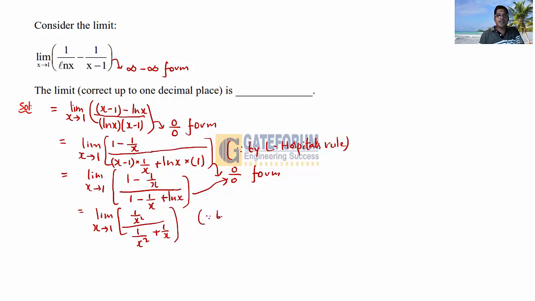Since by L'Hospital's, I am writing short form LHS. Now put direct substitution x equal to 1, numerator 1, denominator 1 plus 1, equal to 1 by 2, because of 1 decimal point, this is 0.5. So the answer is 0.5. This is the end of the question.